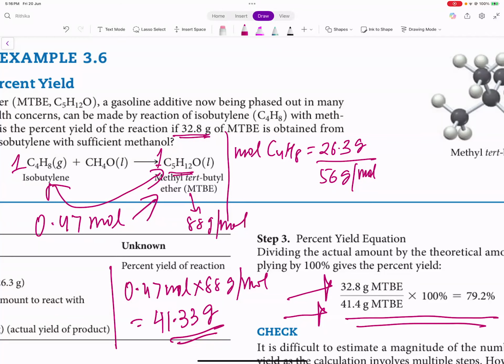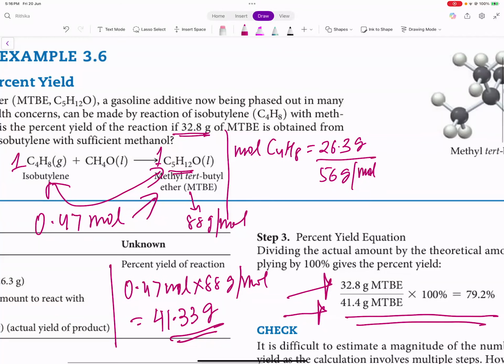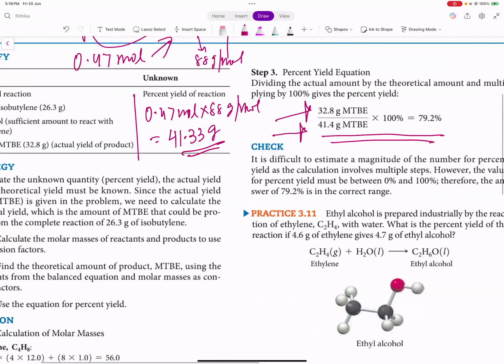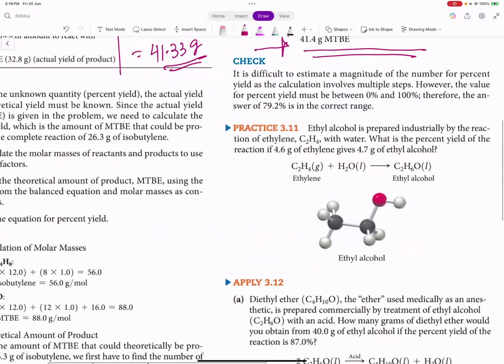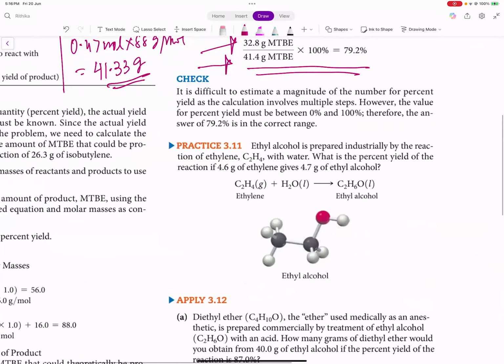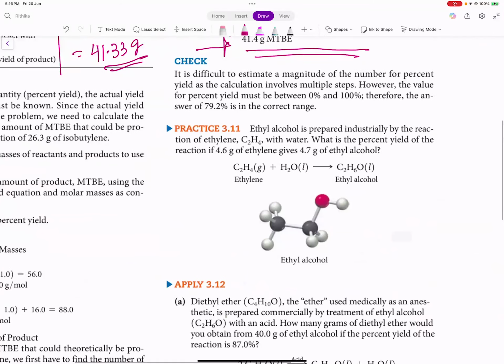Clear? Yes, sir. Now, similarly, you do 3.11. Now it's your turn.